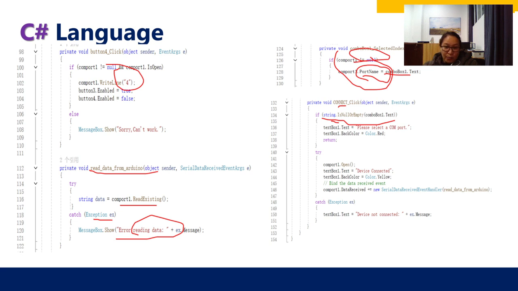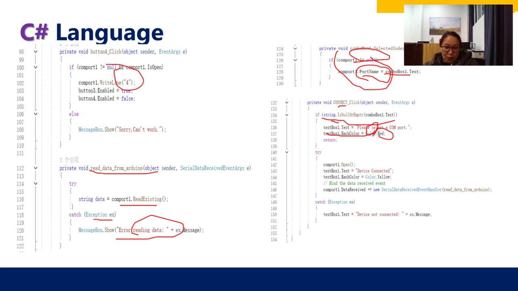If no COM port is selected, it updates the text of a text box to "Please select a COM port," changes the background color of the text box to red, and exits the method early using return.